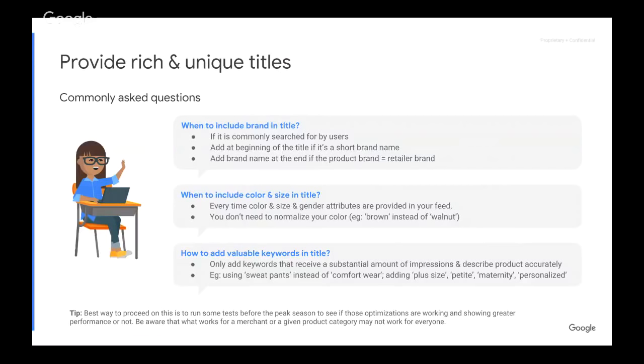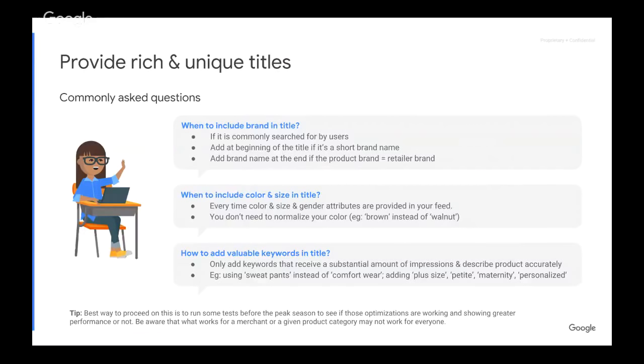And then what about keywords in the title, and what are recommendations regarding keywords in the title? Only add them if they really receive a substantial amount of impressions and describe the product accurately. Remember, you want something that's relevant to users that search for the product.